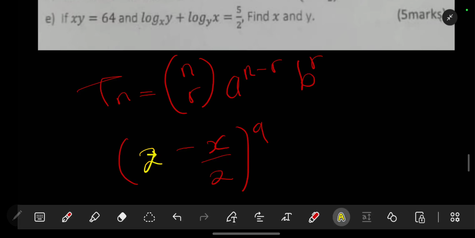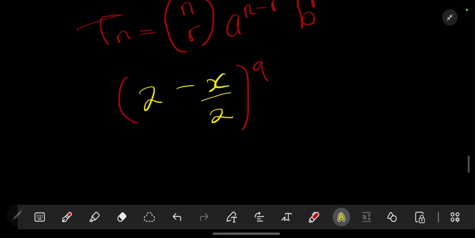So this is your a, and this whole part is equal to b. So you are going to say r is equal to 3.